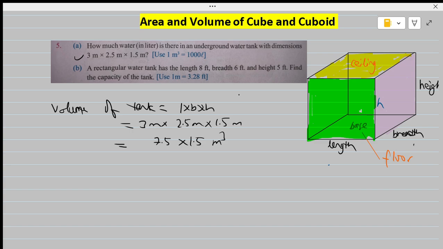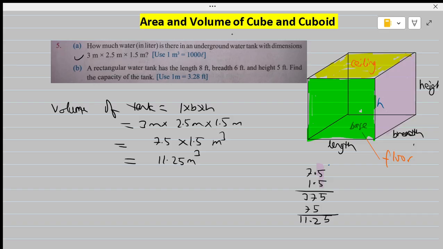Let's do 7.5 into 1.5 on the rough side. 5 5 25, 5 7 35, so 37 and 75. 5 7 5 12, 7 3 10, 10, so 11. After the decimal there are 2 digits, one in this and one in this, so we have to keep the point here. So it's 11.25 meter cube.